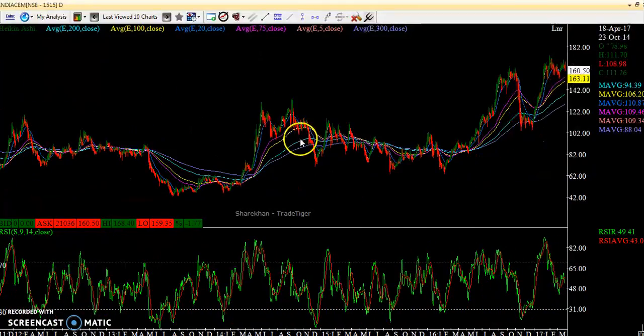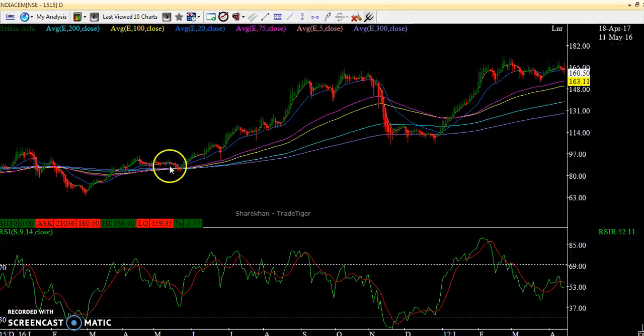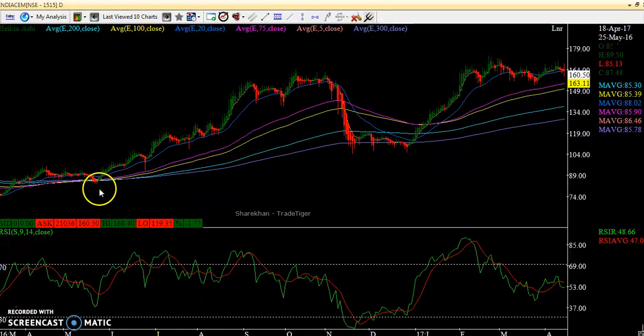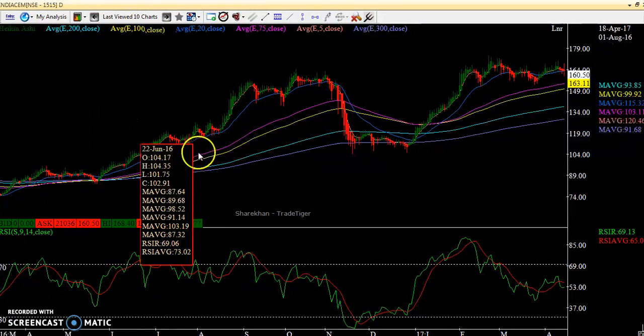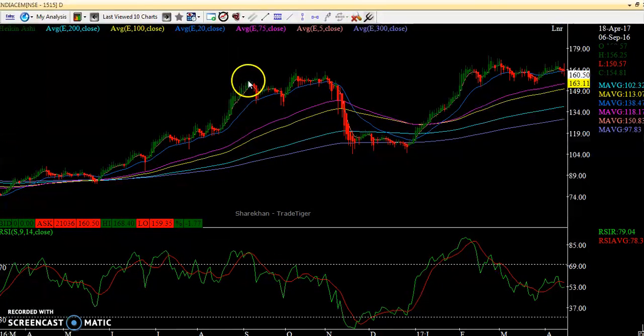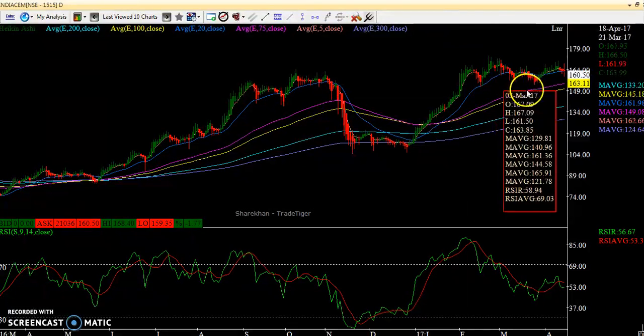Coming to the medium-term trend of the stock, say the past 6 months, you can say it is in an uptrend, making higher bottoms, higher tops, higher bottoms, higher tops, and then the same bottom.